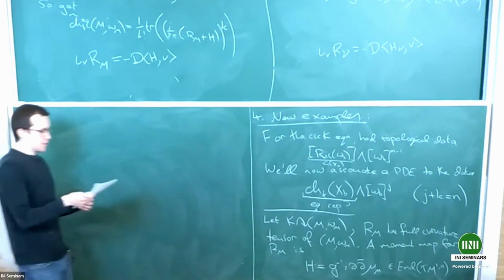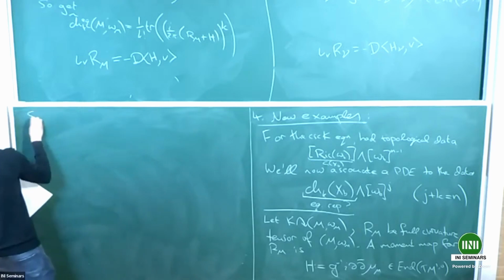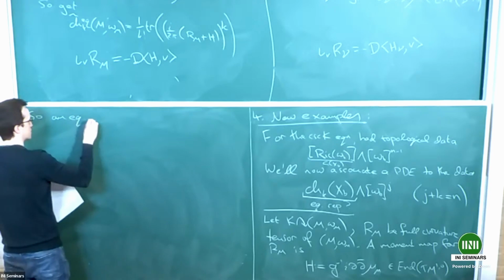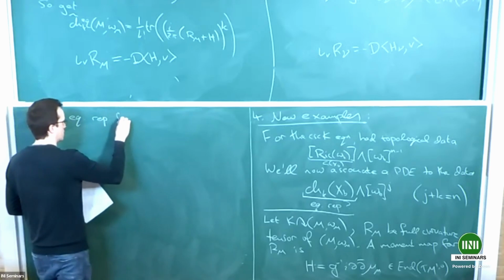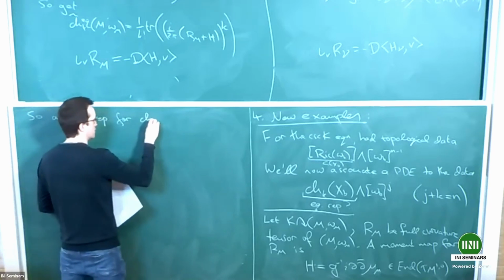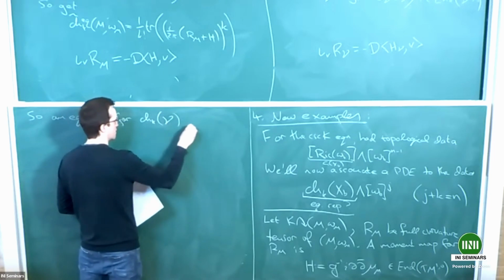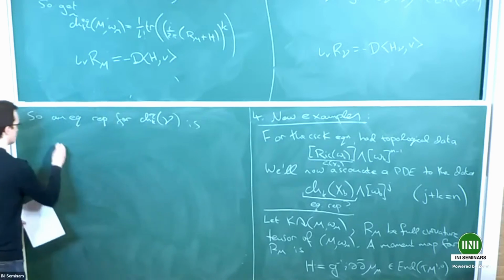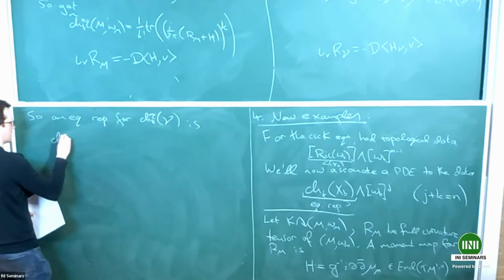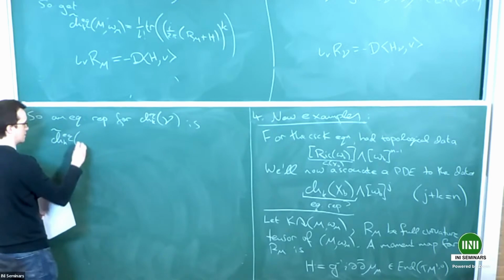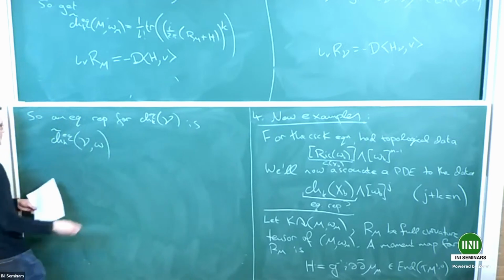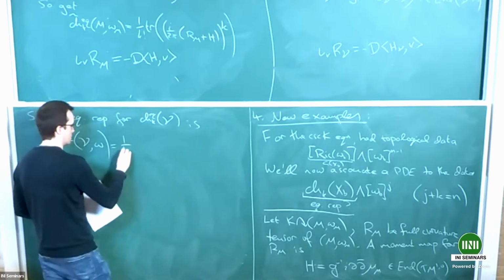So an equivariant representative for the k-th Chern character of V, or equivariant, is the following. So ch_k^X tilde of V, ω, the usual thing.